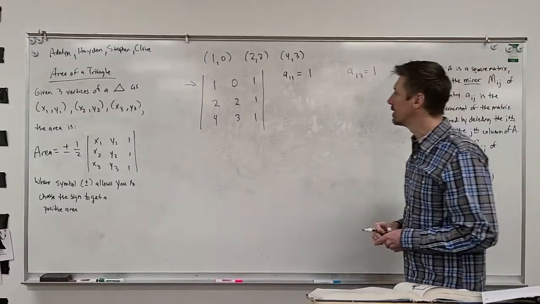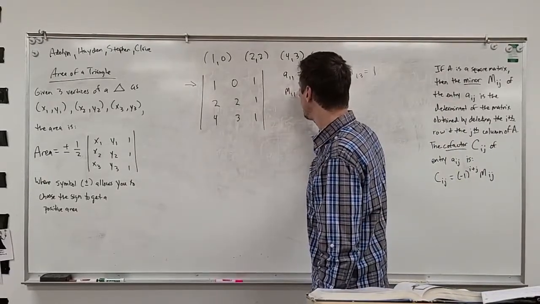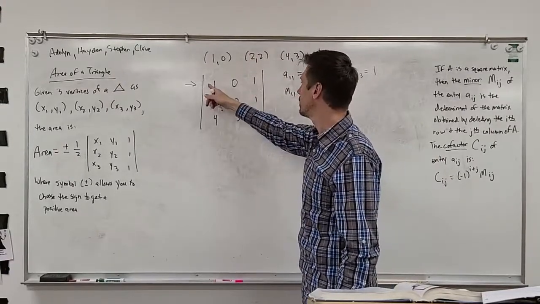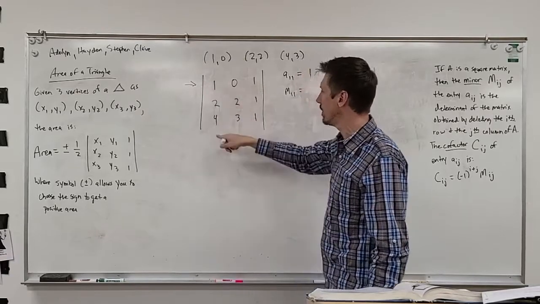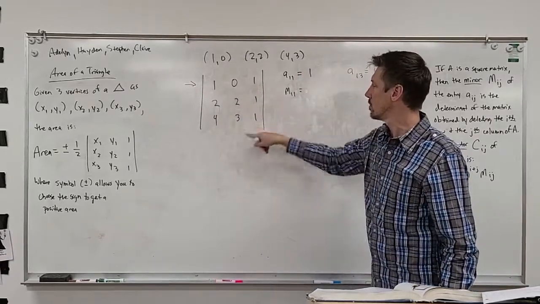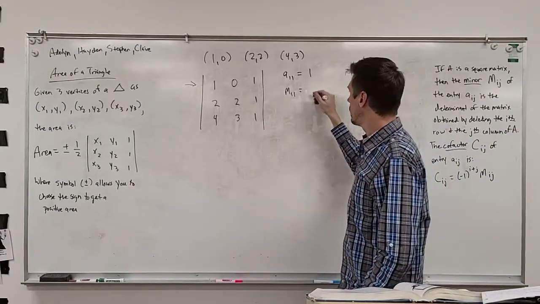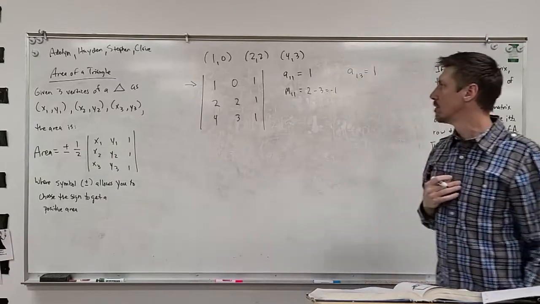Let's see if we can find out what M11 would be. So we're going to just try to imagine it in our minds this time, so I don't have to actually draw a line through it. I'm interested in this entry, so I'm drawing a line through this, and this leaves me this resultant matrix here. So 2 times 1 is 2 minus 3, so it's going to be -1 for M11.